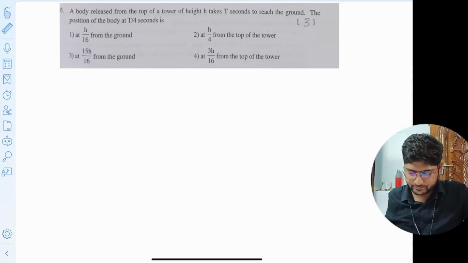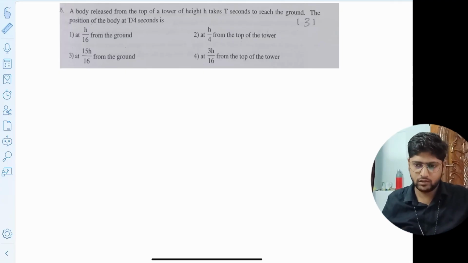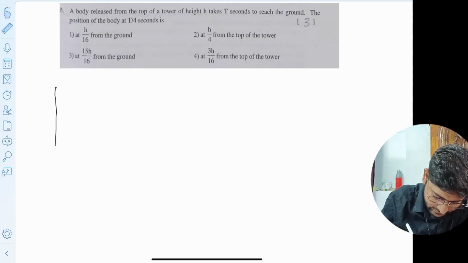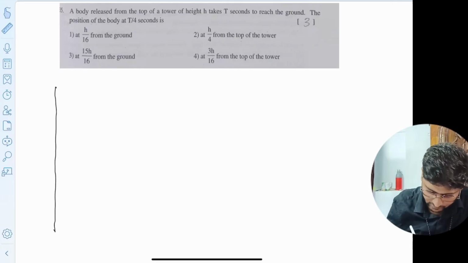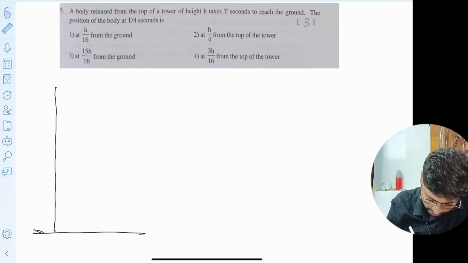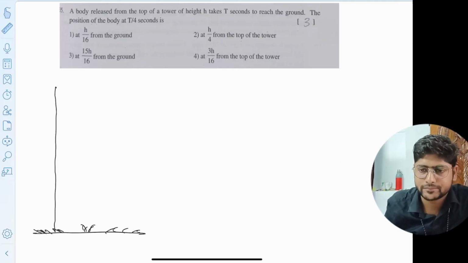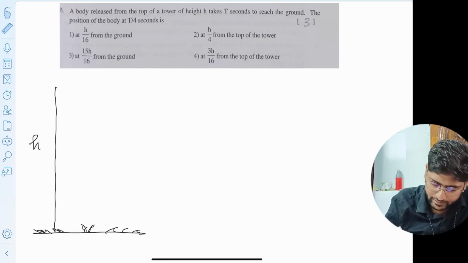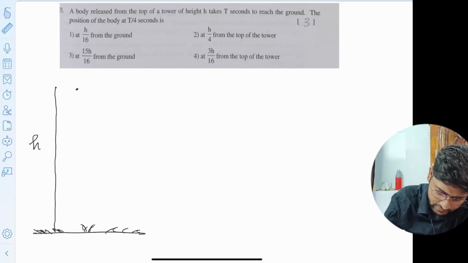So consider this is our tower of small h, and it comes from here downward.